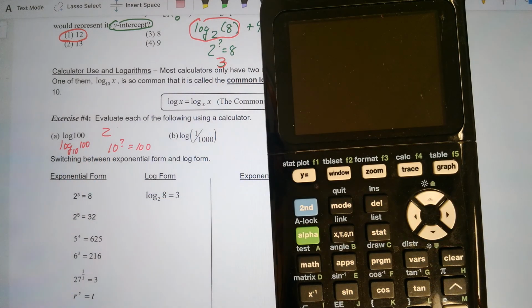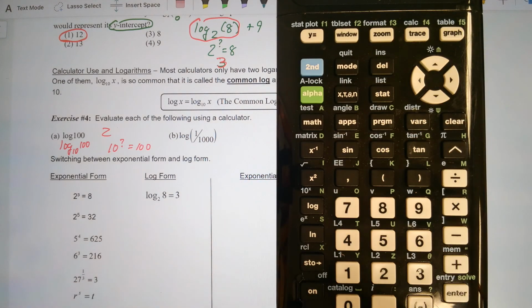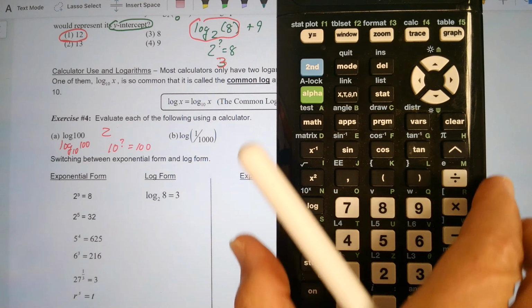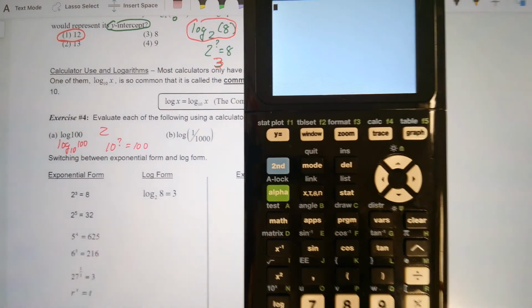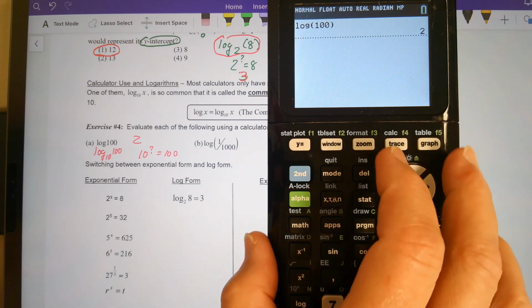On the calculator, where is the common log? It's right here. We would just key in log 100, and that is 2.